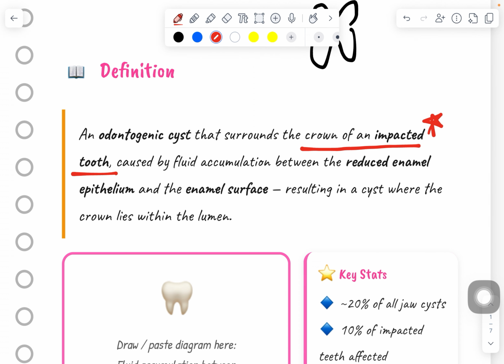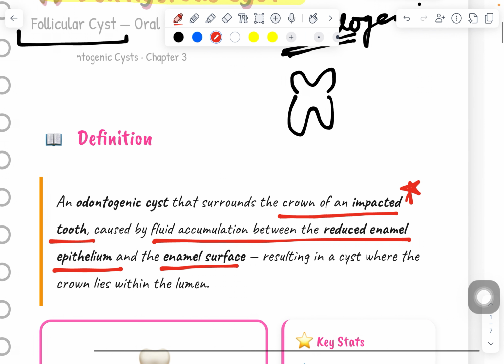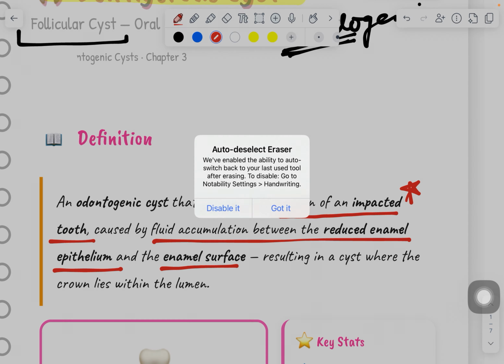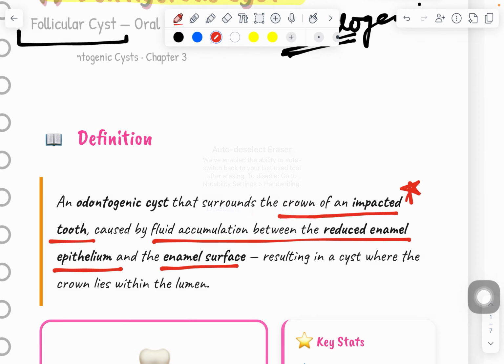Very important thing. Dentigerous cyst is associated with an impacted tooth caused by fluid accumulation between the reduced enamel epithelium and the enamel surface. So suppose this is my tooth. Let me draw that for you. So suppose this is my impacted tooth present in the ramus.